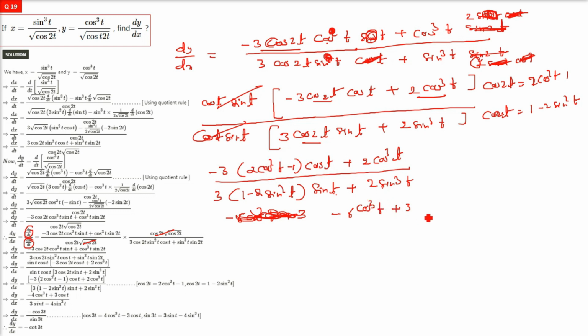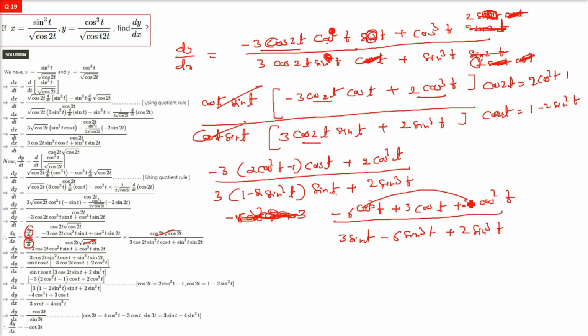So we have multiplied now. So minus 6 here and minus 6 cos cube t and 2 cos cube t in the numerator. There is 3 cos t also. In the denominator you have what? See 3 sin t minus 6 sin cube t plus 2 sin cube t. So this 2 minus 6 is minus 4. So what do you get?